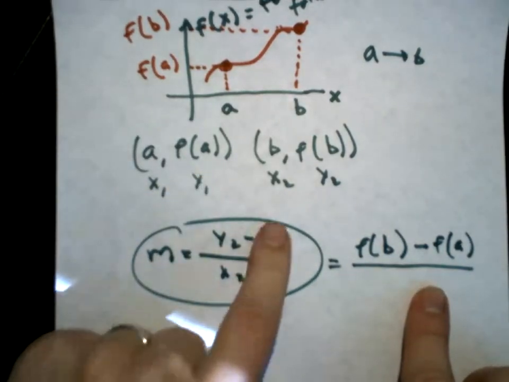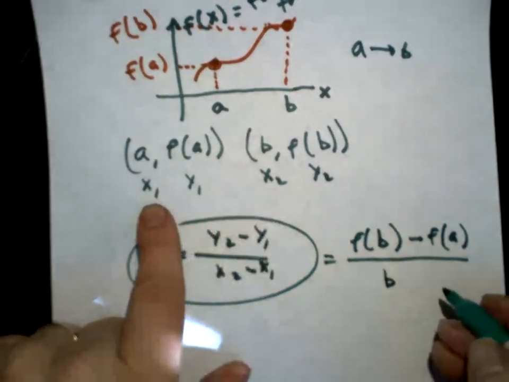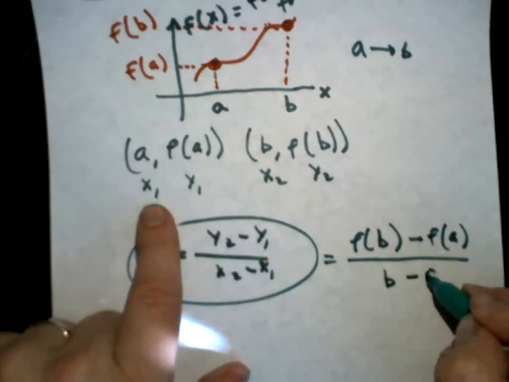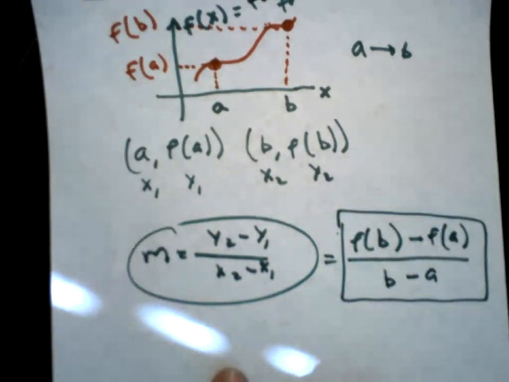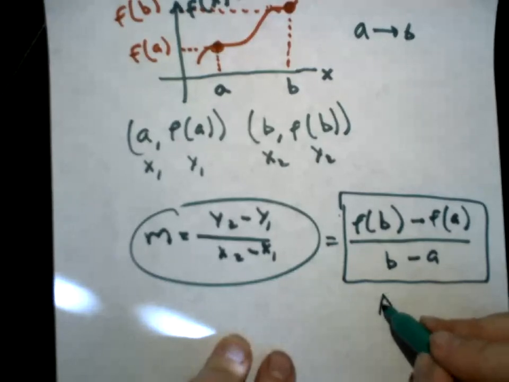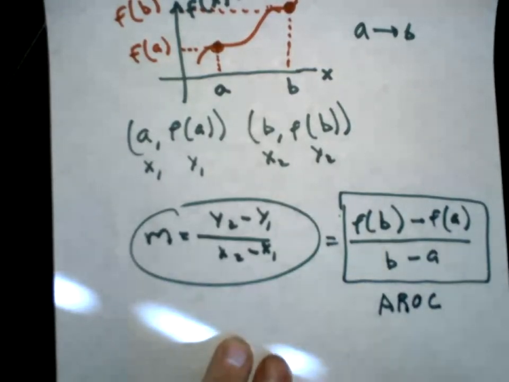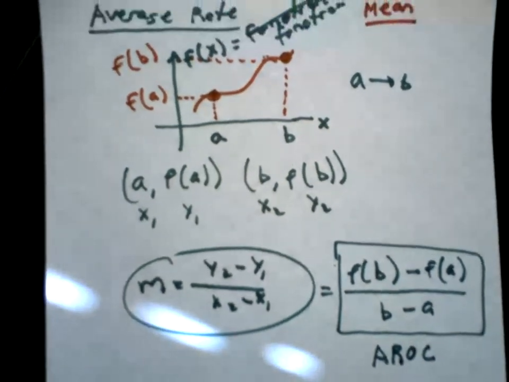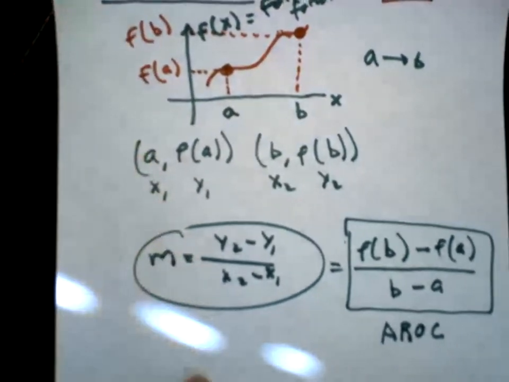This is x2, which is b, minus x1, which is a. There you go. That's called the average rate. Sometimes you can look at average rate of change. It's kind of like an acronym, ARC, if you think about it. So that's a little bit different than the difference quotient, if you looked at that video.